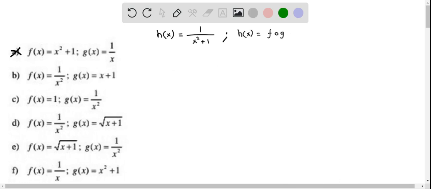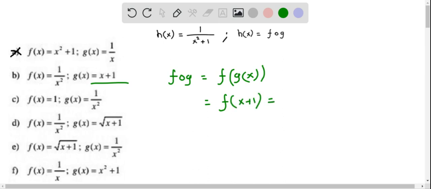Now let's verify choice B. Once again we find f of g, which equals f of g of x. So first replace g of x as given here. That is, this becomes f of x plus 1. And to find f of x plus 1, we have to replace x in f of x by x plus 1.